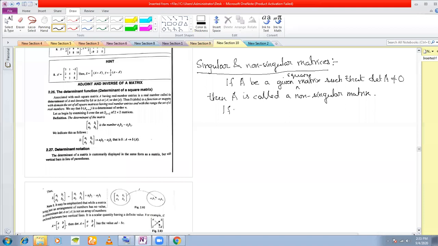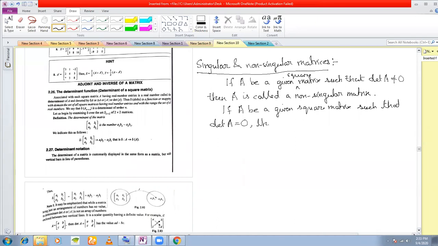If A be a given square matrix such that det A is equal to 0. You find out the determinant of the matrix A and you find that the value of determinant is 0.